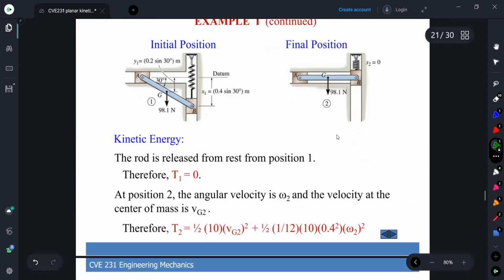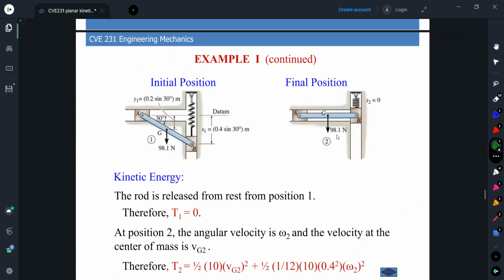For the kinetic energy, because the rod is released from rest, the kinetic energy at the first position is 0.